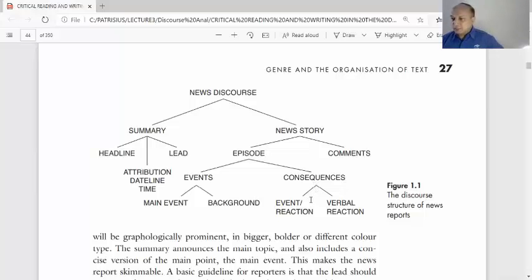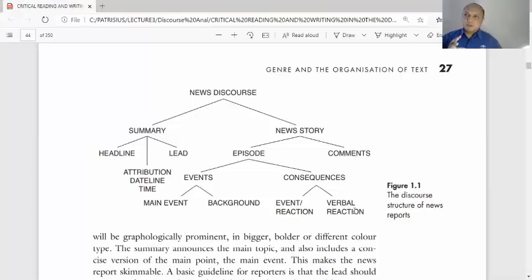Now, consequence can be another event, or a verbal reaction. Verbal means comments or utterances by people. Coming back to my previous example, a car crashed into a barrier, killing the driver, or the driver was killed instantly.